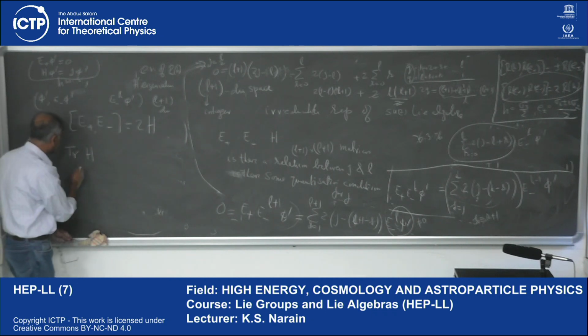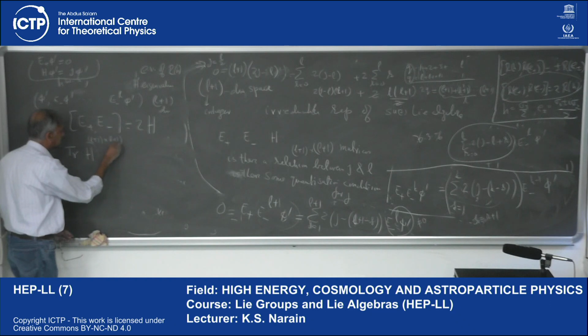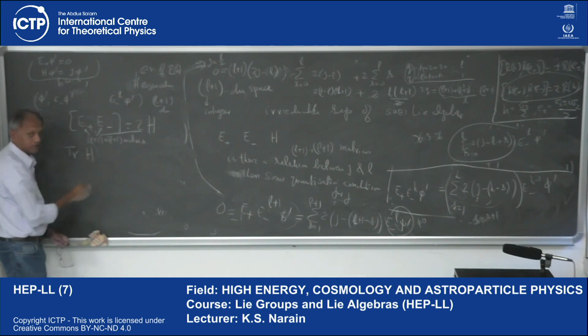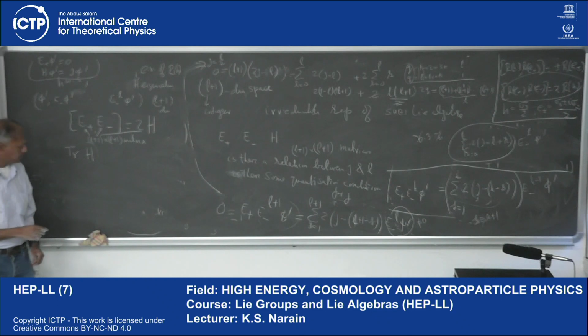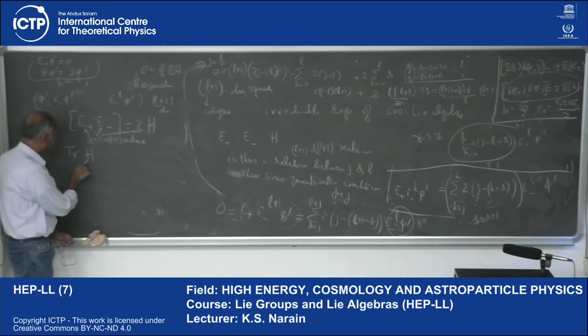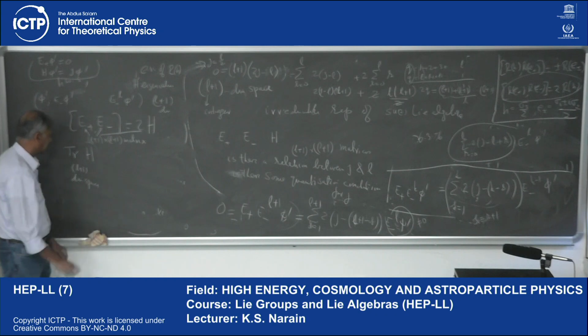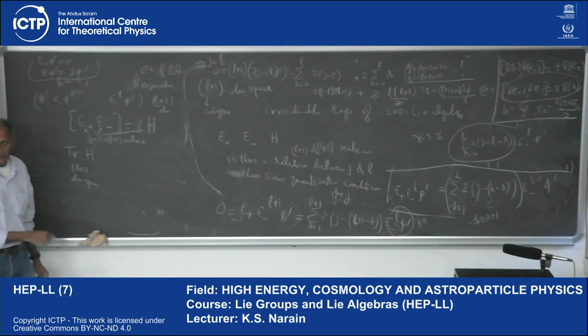So now, thinking of this as an L plus 1 cross L plus 1 matrix, all of these guys are L plus 1 cross L plus 1 matrices. And now I'm taking the trace of H in this L plus 1 dimensional space. Suppose I do that.